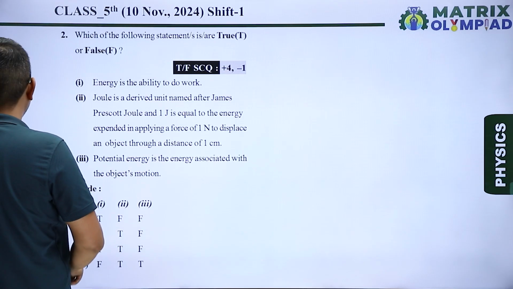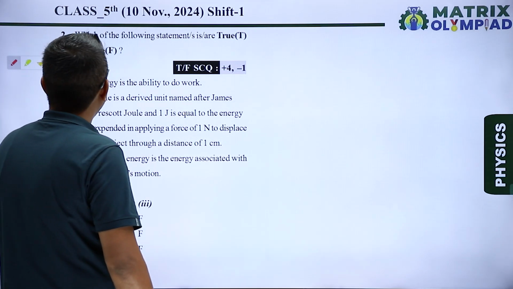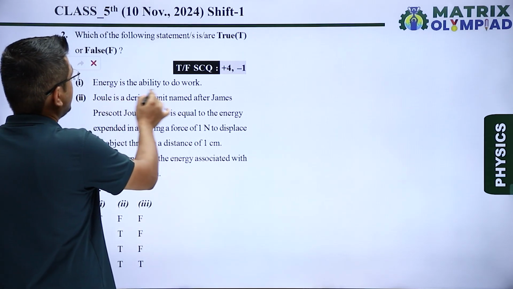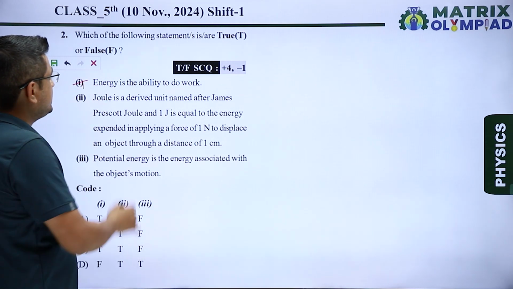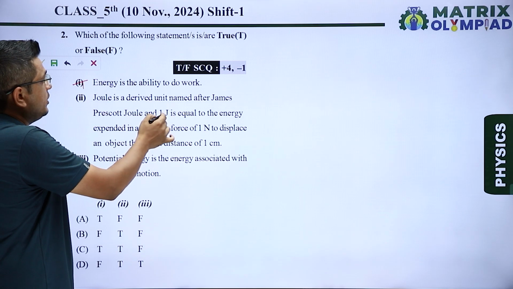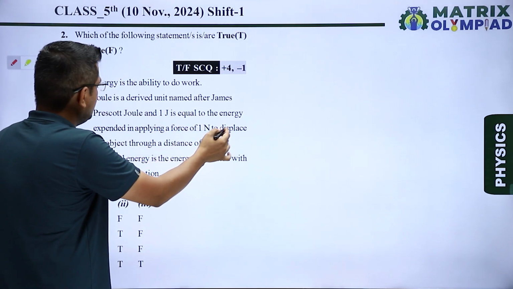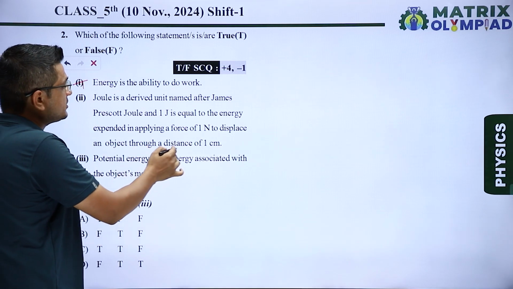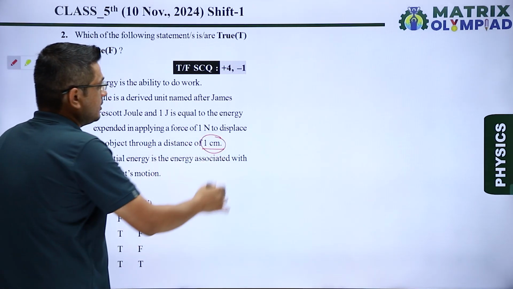Next question, question number 2. In question number 2, we have to check which statement is true and which is false. Energy is the ability to do work. This is a true statement. Joule is a derived unit named after James Prescott Joule, and 1 joule is equal to the energy expended in applying a force of 1 Newton to displace an object through a distance of 1 centimeter. No, this is wrong. The distance should be equal to 1 meter.